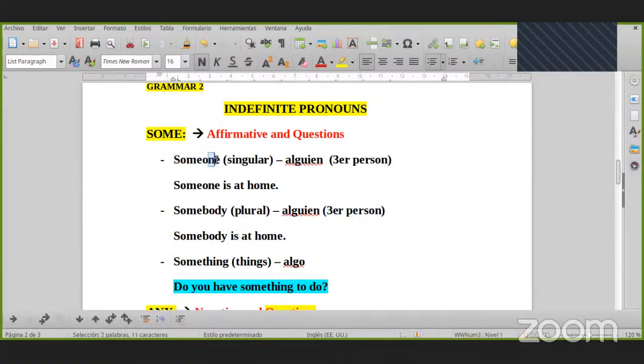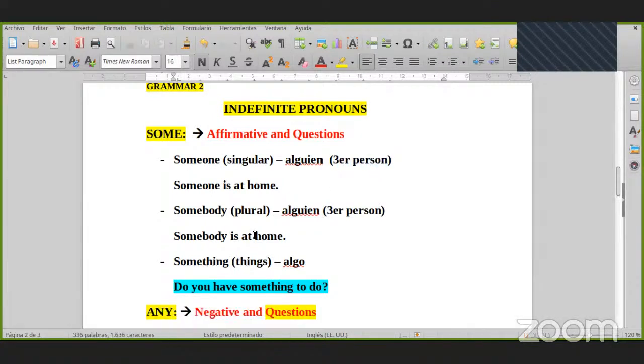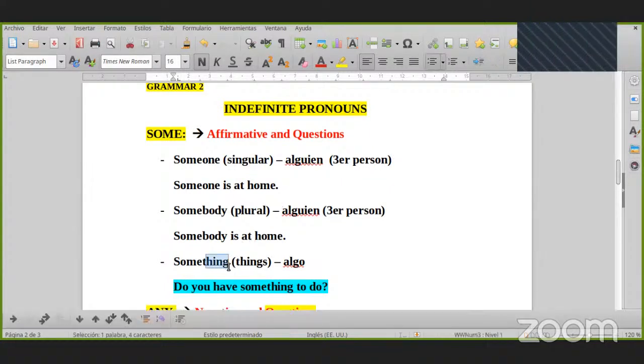The same for one: it is singular, always a third person. This is for people. When we talk about things, we just add thing: something, algo.